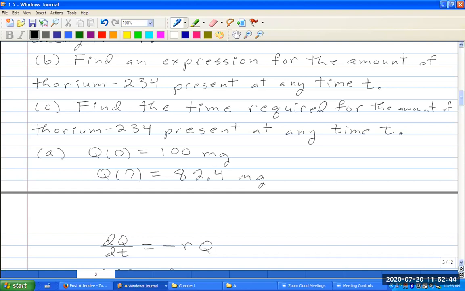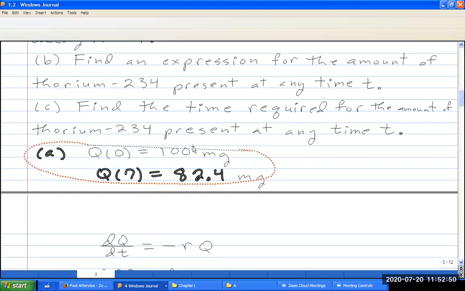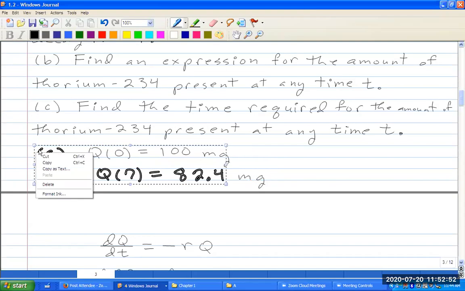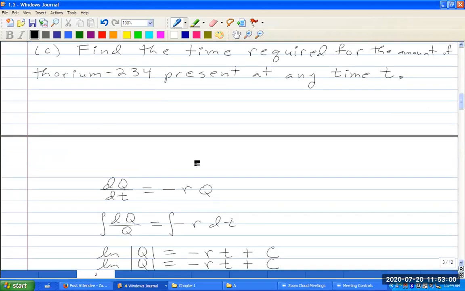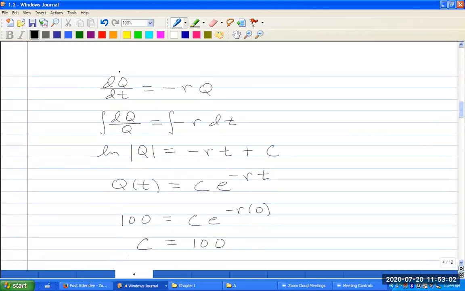So let's do A. Let me get rid of this stuff.